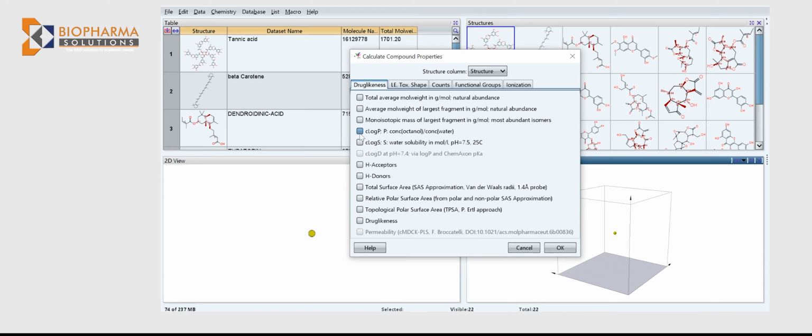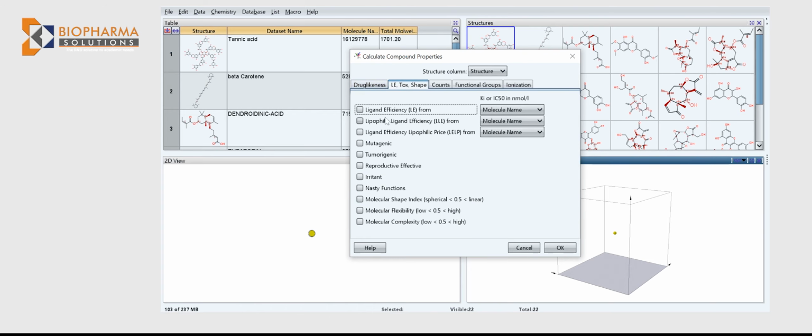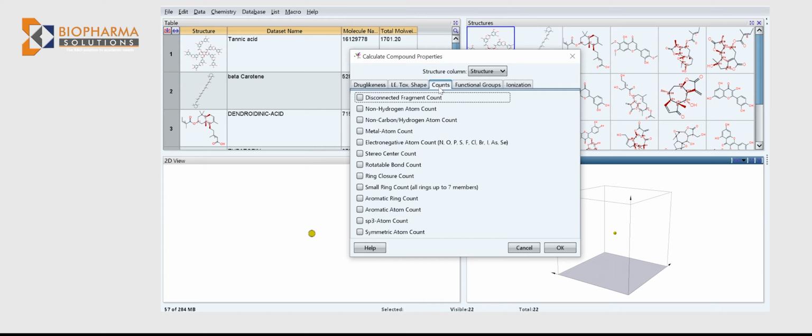Molecular weight is already there. So let us have C log P, C log S, hydrogen bonding donor and acceptor, total surface area, relative polar surface area, and the percentage will be given to you. Then drug likeness. Ligand efficiency wise, we have the ligand efficiency, then lipophilic ligand efficiency, and ligand efficiency lipophilic price. Okay, other things we can keep as such.